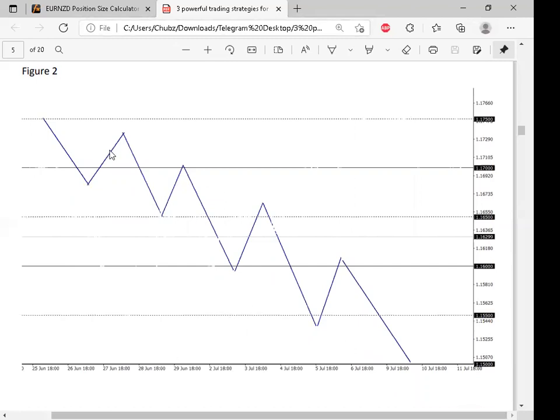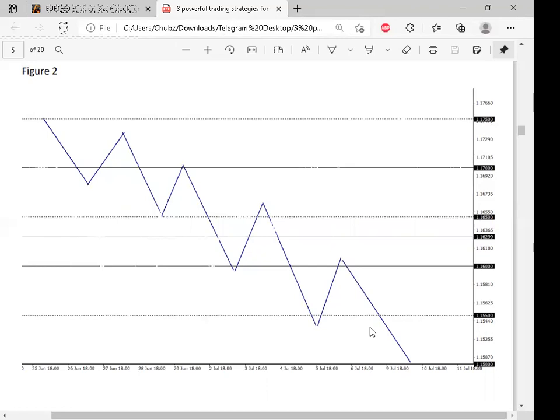Now, this is what I spoke about a bit earlier, that the market moves 2 steps forward and then 1 step backwards. 2 steps forward, 1 step backward, 2 steps forward, 1 step backward. So this is a 100 pip drop and the market moves back 50 pips and then continues towards the downside. Typically, that's what we like to see. Those are very, very easy to take advantage of.